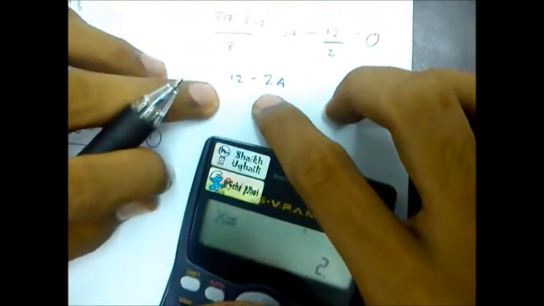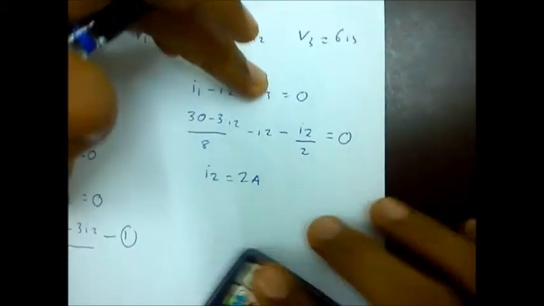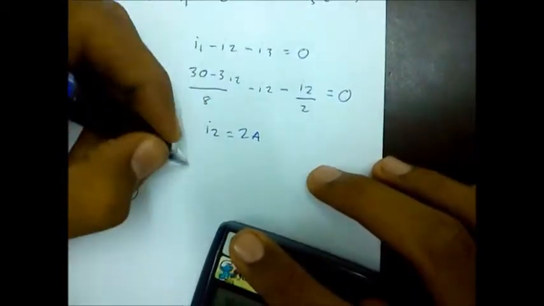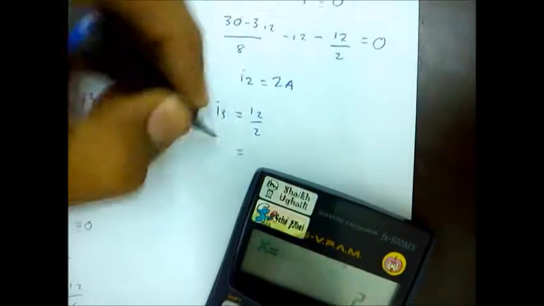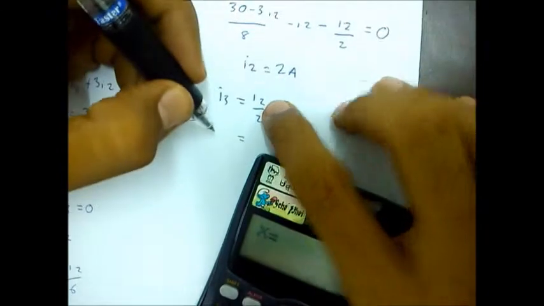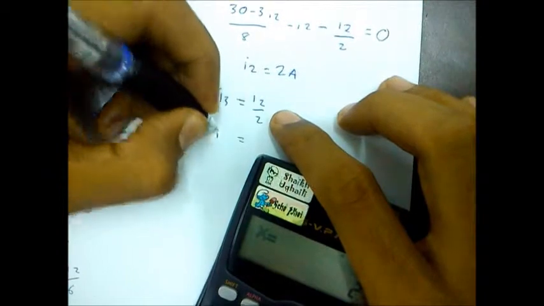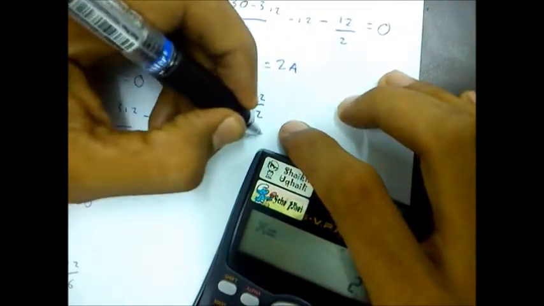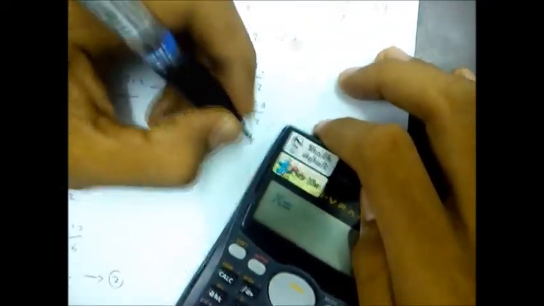When we get the answer for I2, we can get the answers for I1 and I3. First we get the answer for I3 using this equation: I3 equals I2 over 2. Substituting the answer for I2, 2m over 2, I3 is 1m.